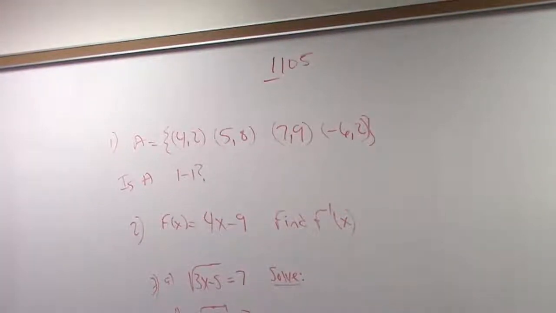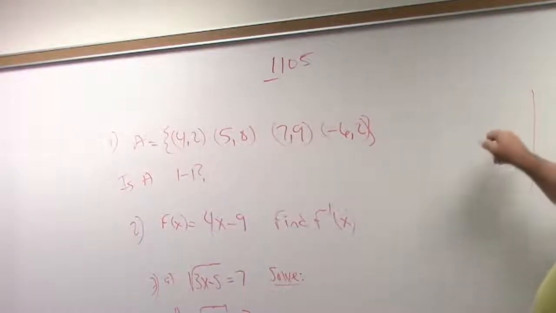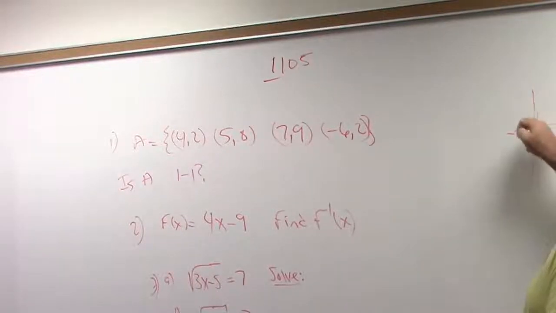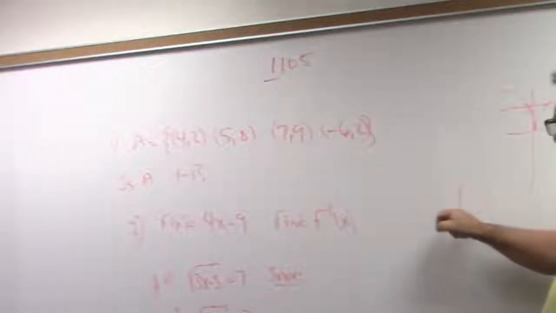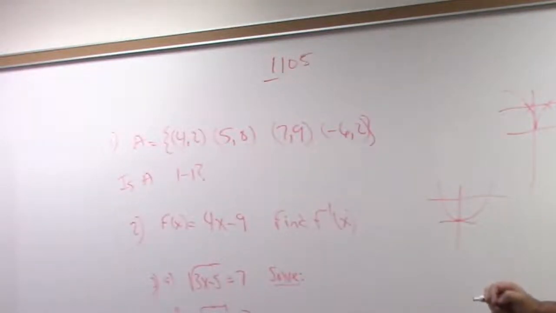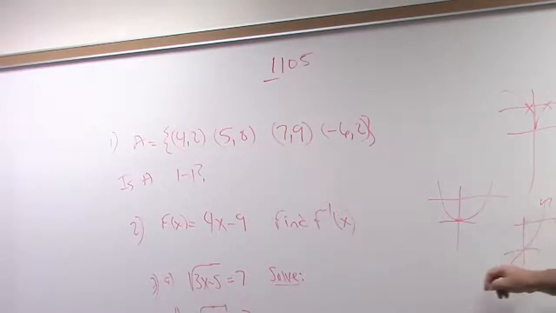It's got to pass what? The horizontal line test, right? A graph like this is not 1 to 1 because it fails it twice. A parabola is not 1 to 1. It hits twice. But x cubed is 1 to 1 because it only hits one time.